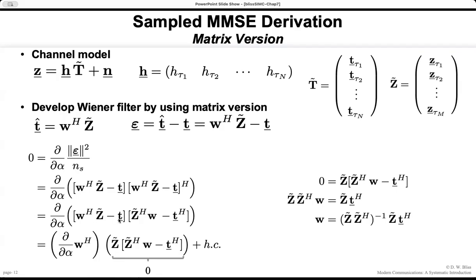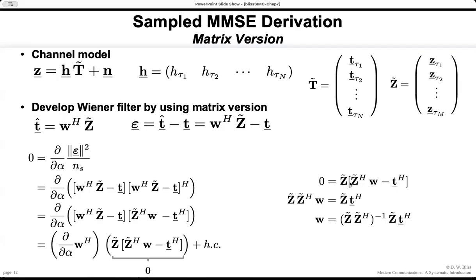T doesn't have alpha in it, so it goes away, and then we multiply it by the second term. And then, of course, by the chain rule, there's also the other term as well. But we don't have to worry about it because if we can set this term to zero, then we have solved our problem. All right, so what we're going to do is set it to zero.